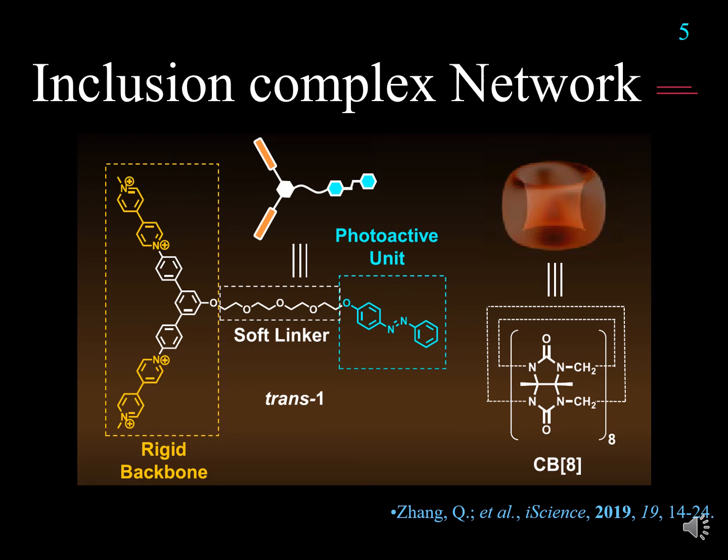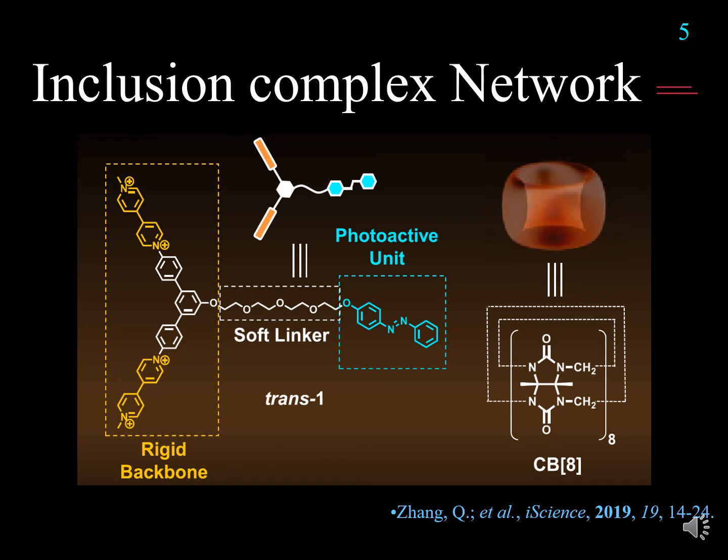So how can we make use of it? As you can see from the picture over here, there are two states. We have the monomer state, and then they can complex using inclusion complex with cucurbituril 8 to have this blue color. The blue side is the inclusion complex of these molecules and cucurbituril.